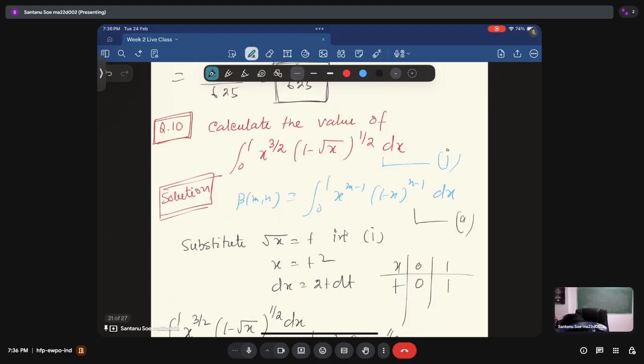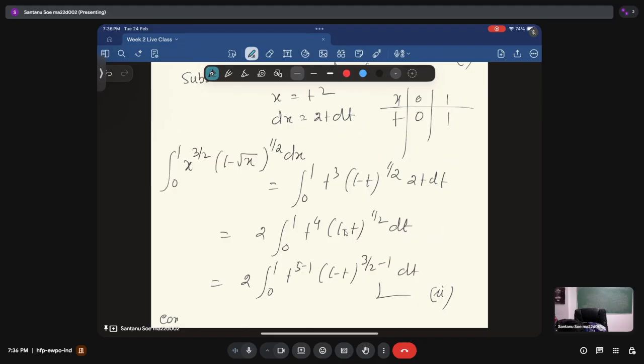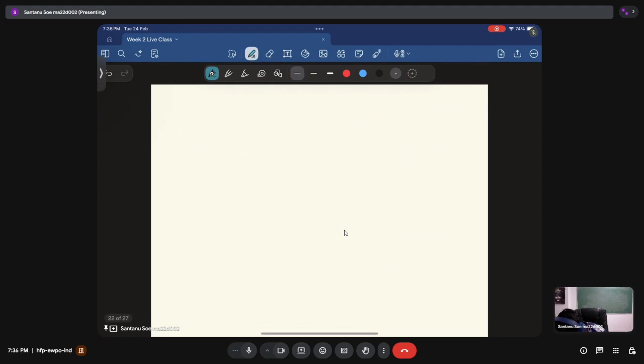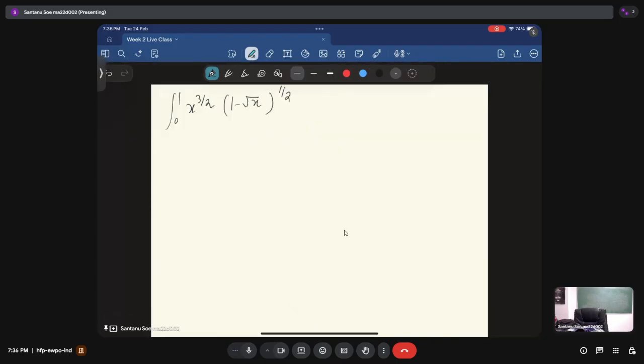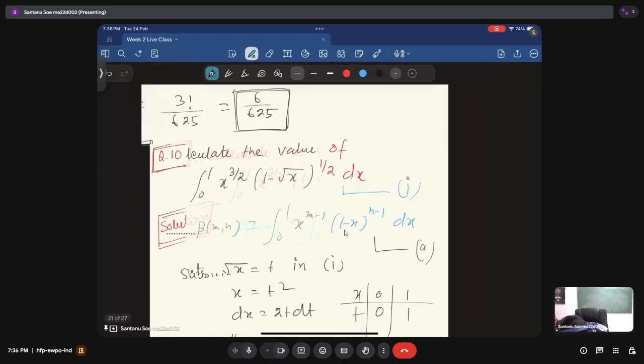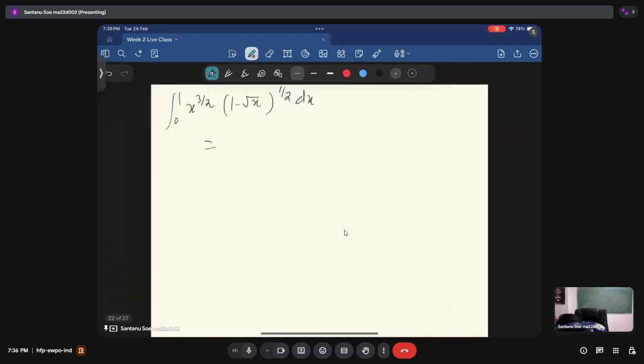So now comparing this with the beta function gives integral 0 to 1 x to the power 3 by 2 (1 minus root x) to the power 1 by 2 dx equals 2 times beta of 5 comma 3 by 2.